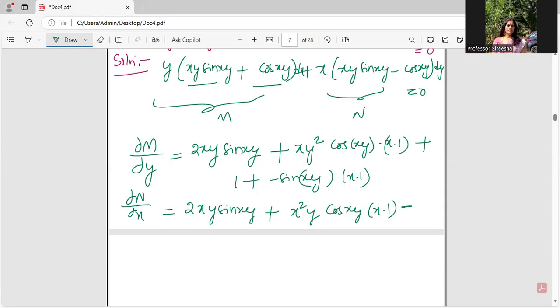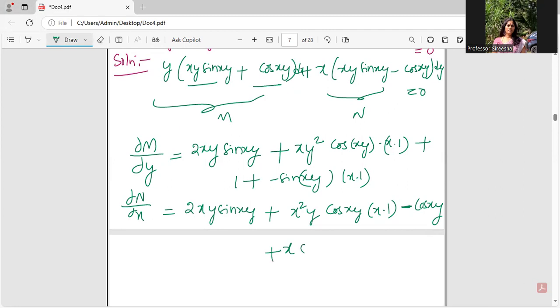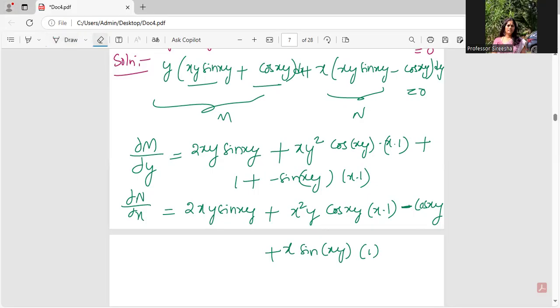Minus x derivative is 1 cos xy. Again, there's a minus sign for the whole term, so it is minus x into cos xy derivative. Of course, it will be plus sin xy. Xy derivative with respect to x would be 1 into y, guys.